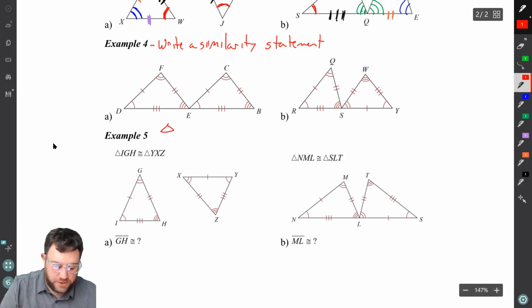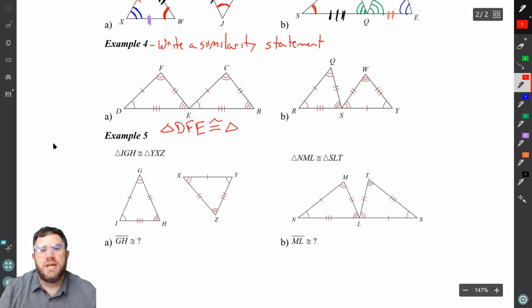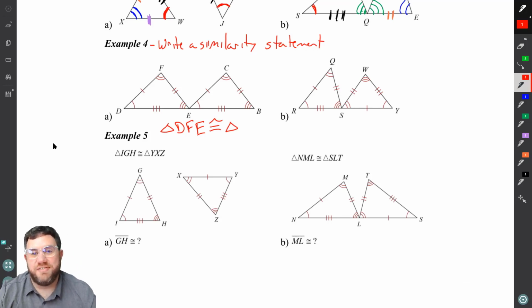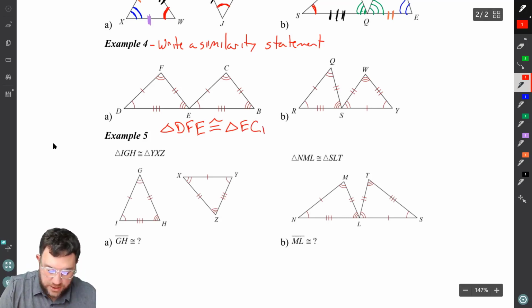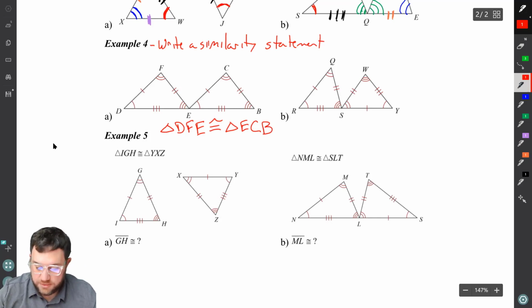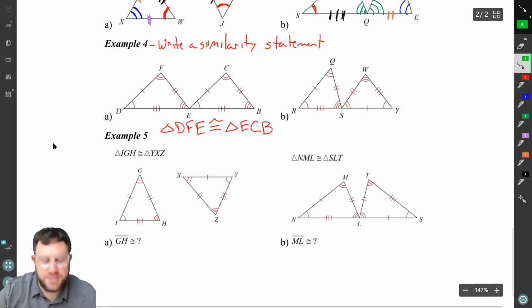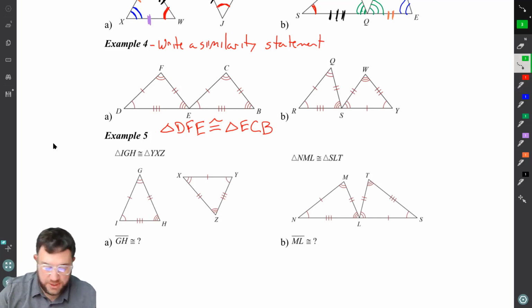So for my first triangle, D has 1 mark, F has 2 marks, and E has 3 marks. And so for my second triangle, I just have to figure out which one has 1 mark, which one has 2, which one has 3. So E has 1 mark, C has 2 marks, and B has 3 marks. So triangle DFE is congruent to triangle ECB.